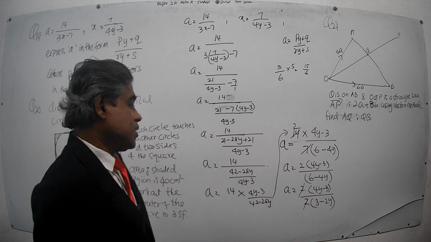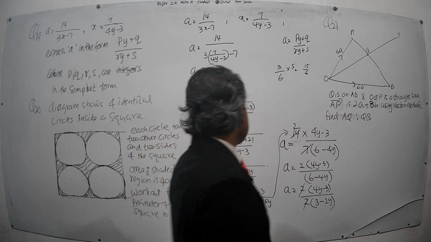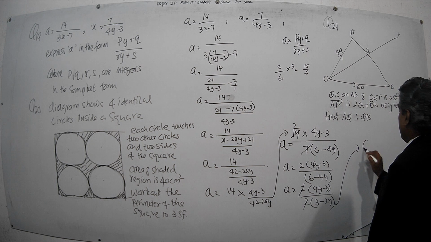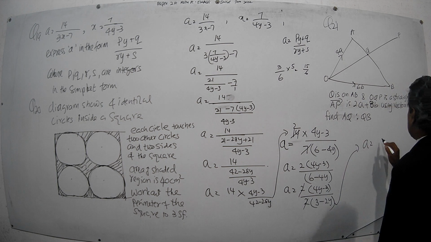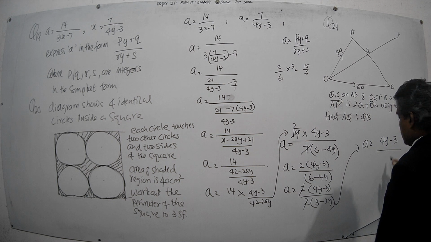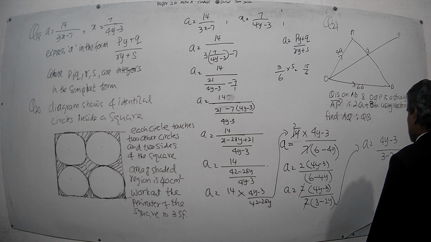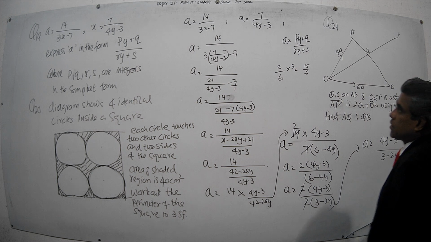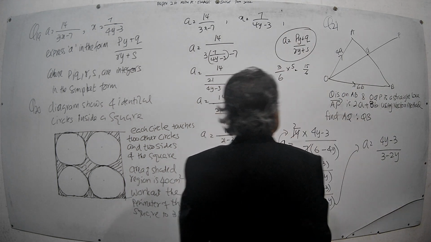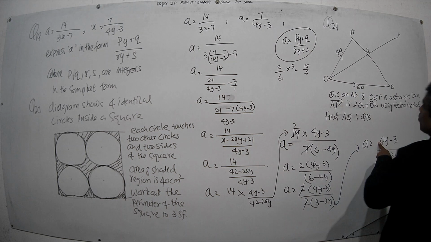Now what is left is this. A equals, what is left is 4y minus 3 over what? 3 minus 2y. That is in this form now. What is P? P will be 4.